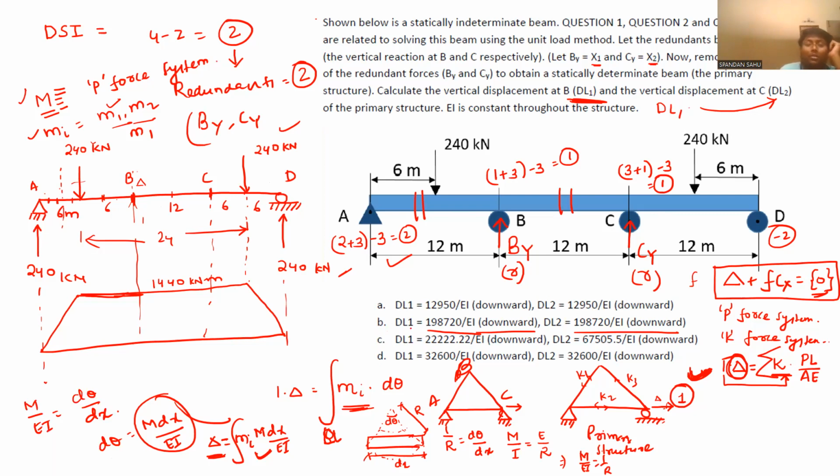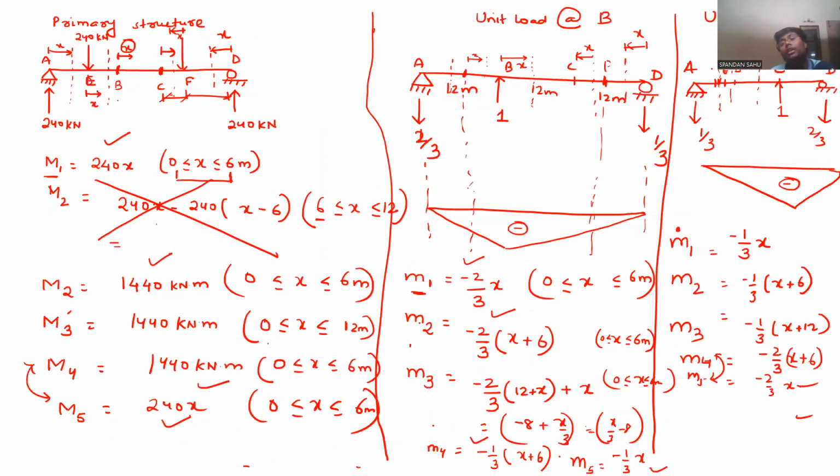They have more equal values. So you have to calculate one, and after seeing that the loading is symmetric, the first thing that should strike is that deflection at point B and point C should be equal. So why calculate 2 times? I will calculate only once, and that will be the value for the other.